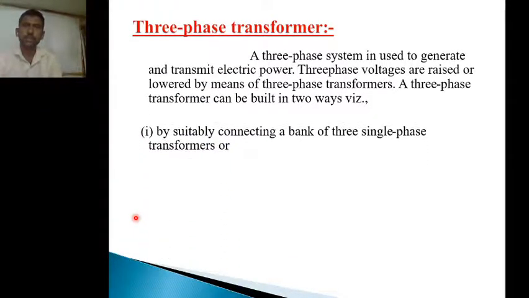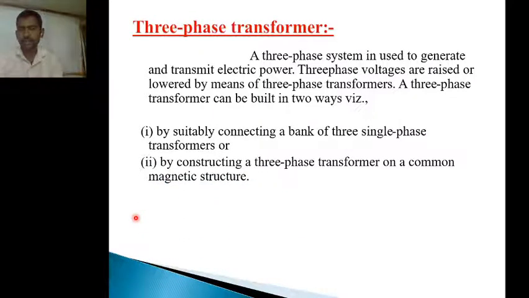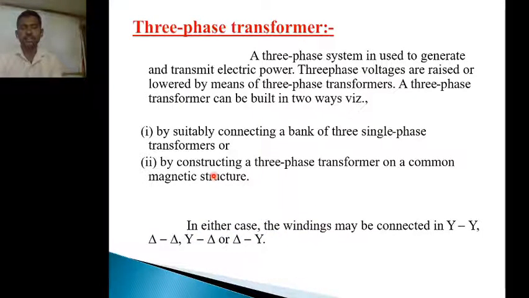By suitably connecting a bank of three single phase transformers, and by constructing a three phase transformer on a common magnetic structure. Whichever case we consider, we can go for four types of connections. What are those four types of connections? Star star connection, delta delta connection, star delta connection, and delta star connection.